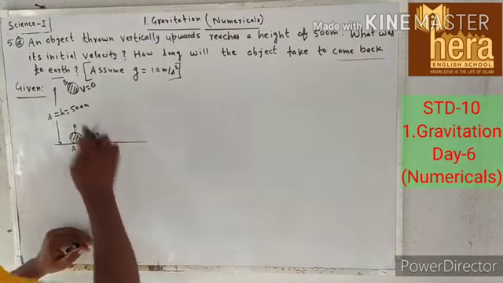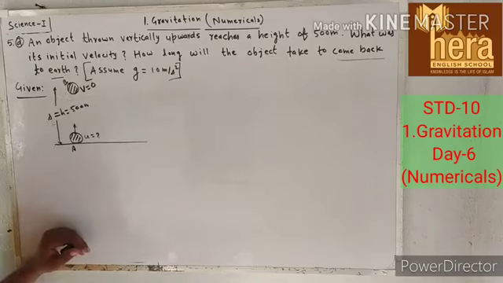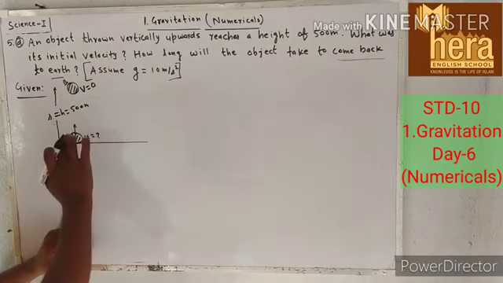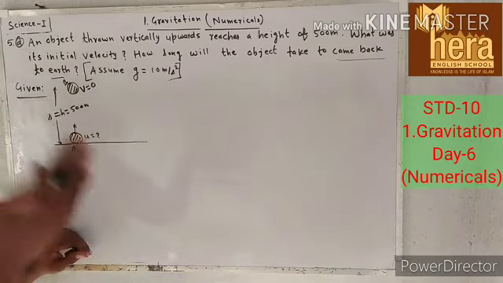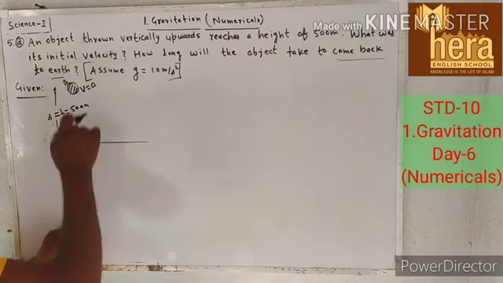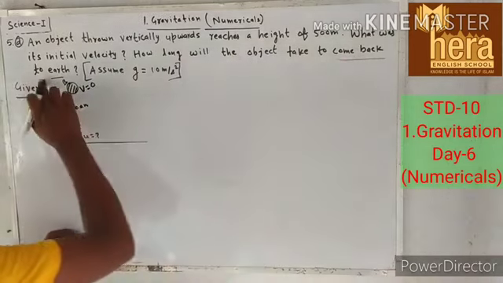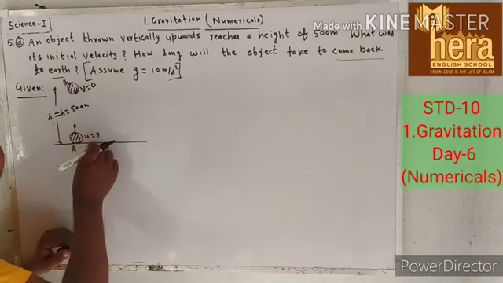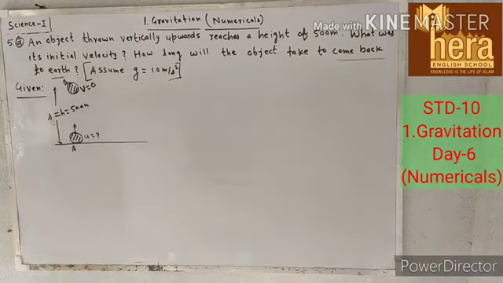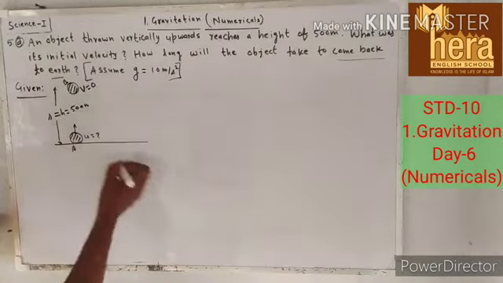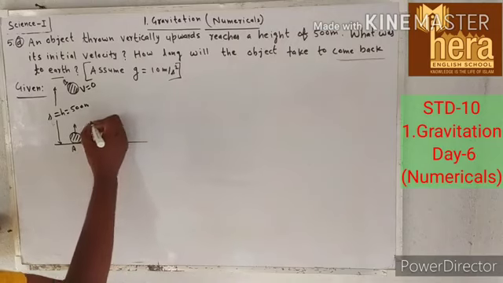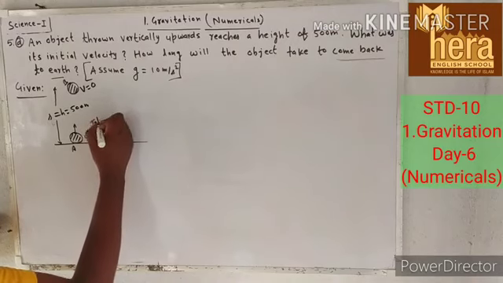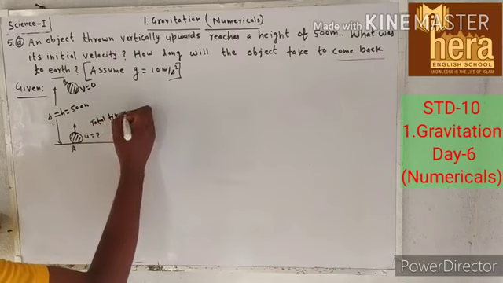Then again it will take 10 seconds from point B to A, right? So first of all, we will calculate time from A to B, and then we multiply by 2, so that we can get total time to come back on the Earth. Total time t is equal to question mark, right?